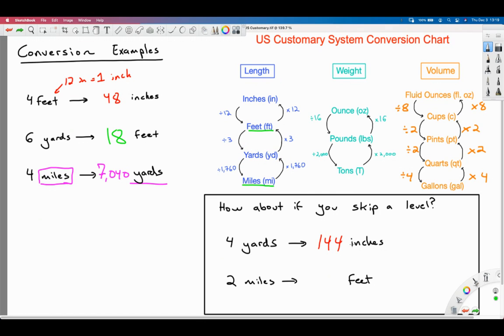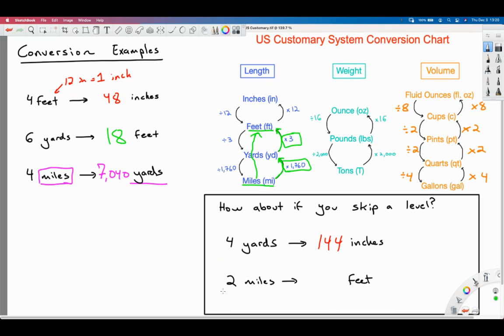So this is going to be similar to what we just did. To go from miles to feet, we have to recognize that we have to multiply not just once, but twice. We have to multiply using both 1,760 and the number 3 in order to go from miles all the way up to feet by jumping over yards.